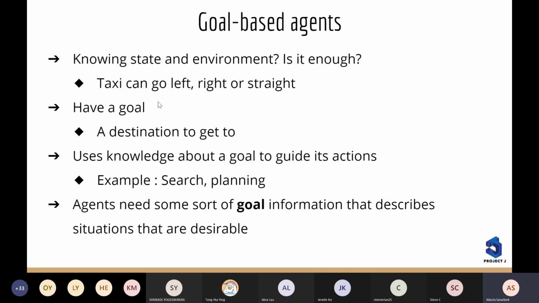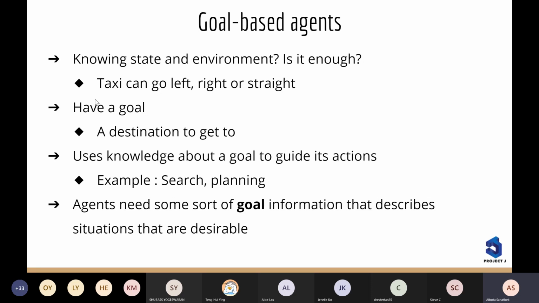Let's say we have a taxi driving agent. The functions of a taxi driving agent are to drive left or right or straight. But if it was not a goal-based agent, what is the point of driving left or right or straight if it doesn't have any goal or destination to reach?